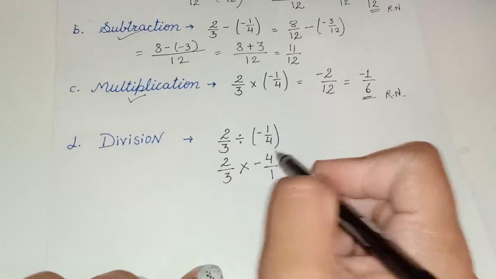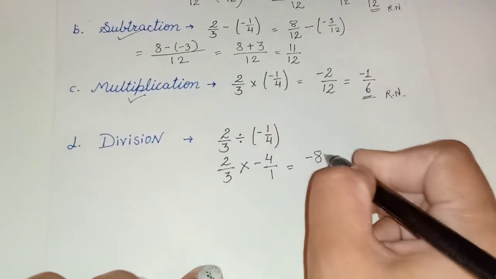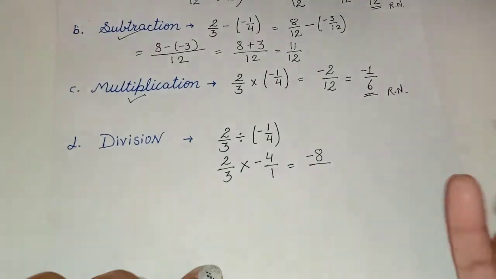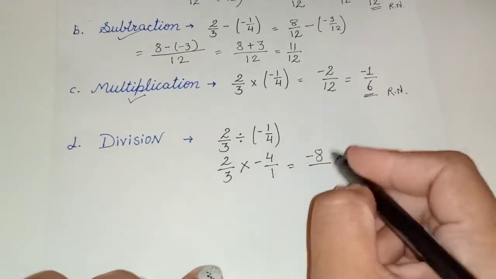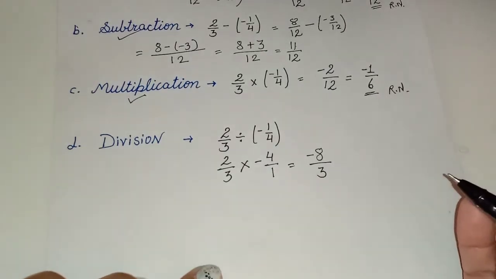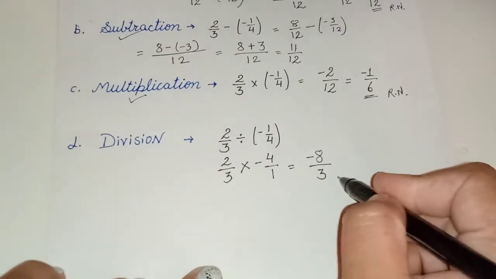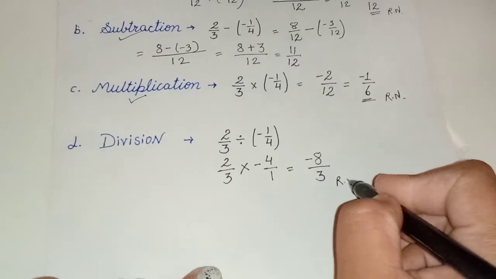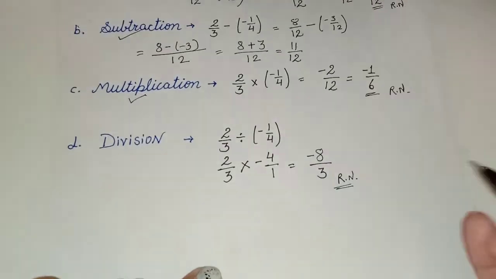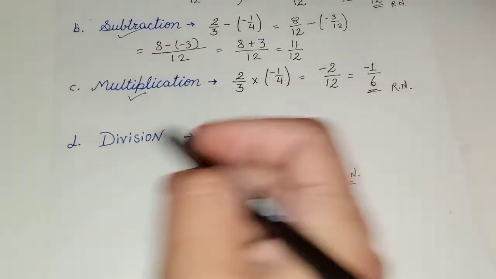Now numerator into numerator, 2 into minus 4, minus 8. And 3 into 1 will be 3. Again we got the number in the form of P upon Q, where P and Q are integers and Q is not equal to 0. So the answer of division is also a rational number. So we can say that rational numbers are closed under division.